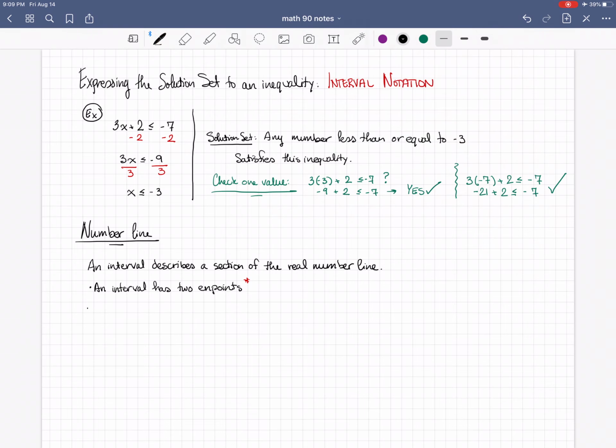And then the other thing, an interval communicates or makes clear whether the endpoints themselves are included.